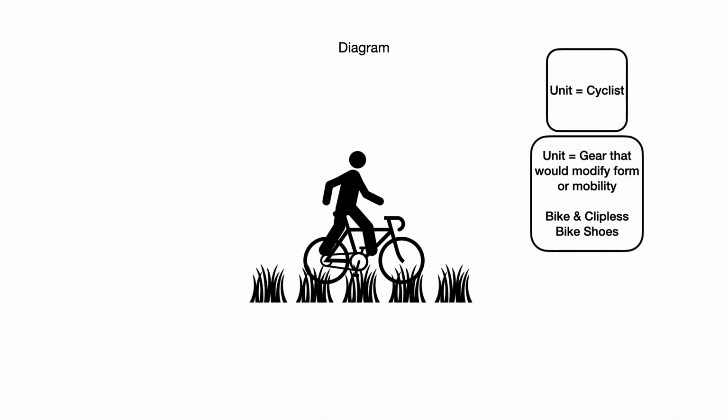It can be one thing or it can be multiple things, but it's really just going to be the important ones as it regards form and mobility for an athlete. And then as far as the surface that the athlete is cycling on, just a simple description, is it grassy and flat? Sounds good.